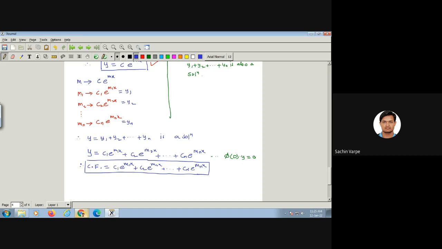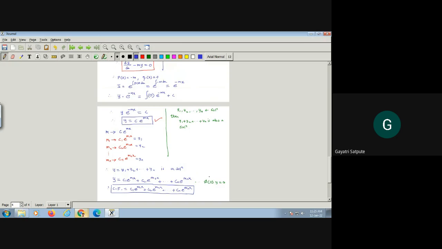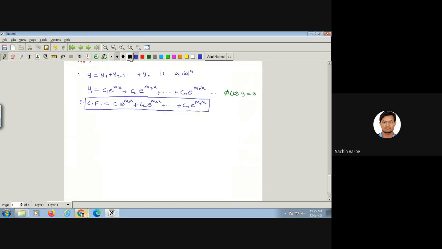I request everyone to raise your hand if any doubt. Any doubt, any question? Have a look at this once. Sir, only if the right hand side is 0, right? Then only its solution. No, actually, let me explain again. We are trying to solve this equation, phi of D into y is equal to f of x, and as I said, its solution is y, which is CF plus PI. To find CF, we are considering the right hand side to be 0 only.